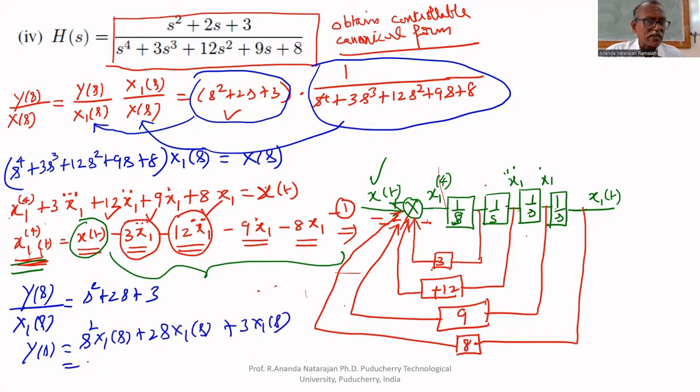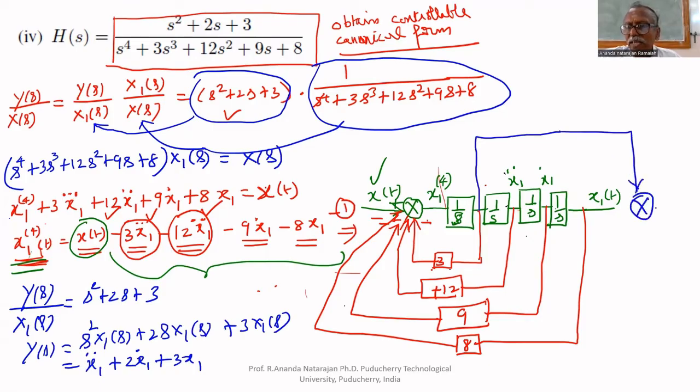S square means second derivative, x1 double dot, plus 2 times first derivative of x1(t), plus 3 times x1. So take the double derivative, which is available here, and add together to get y.